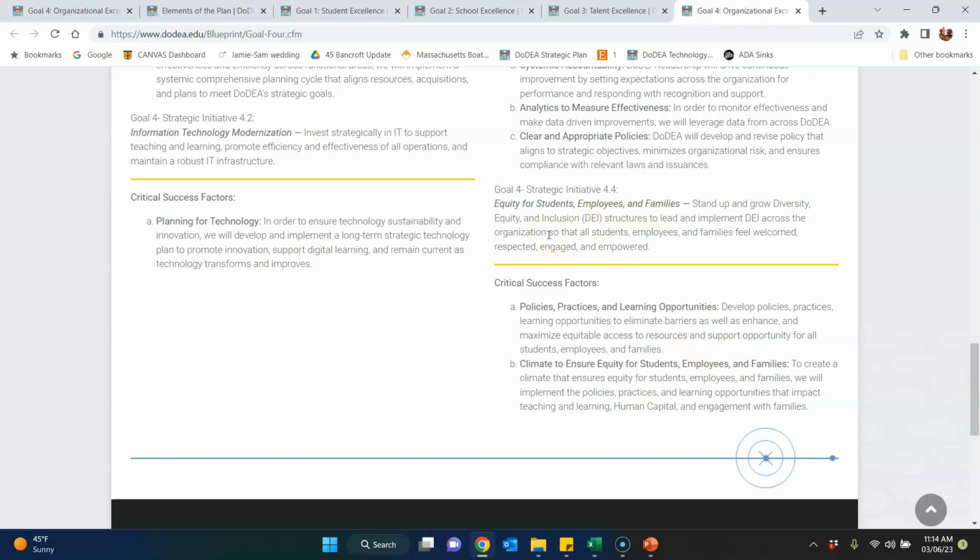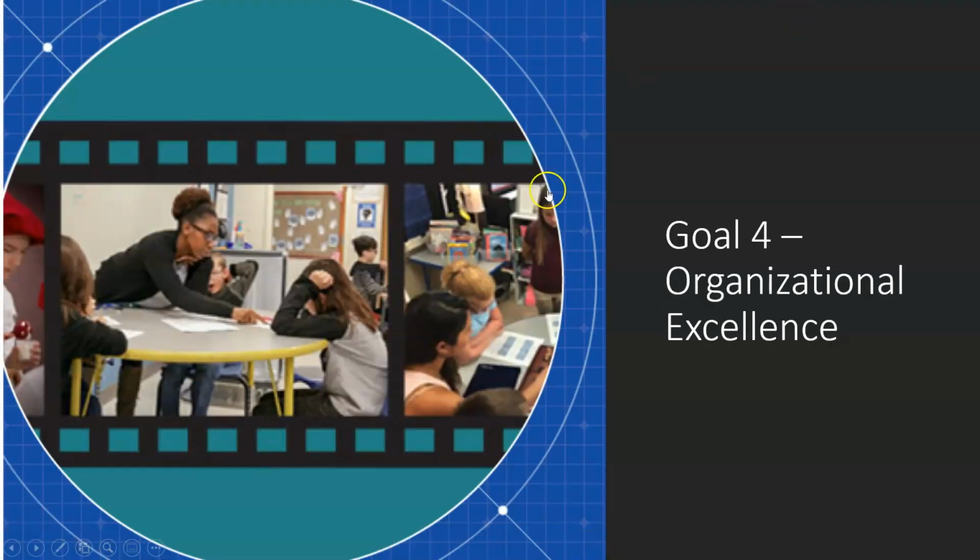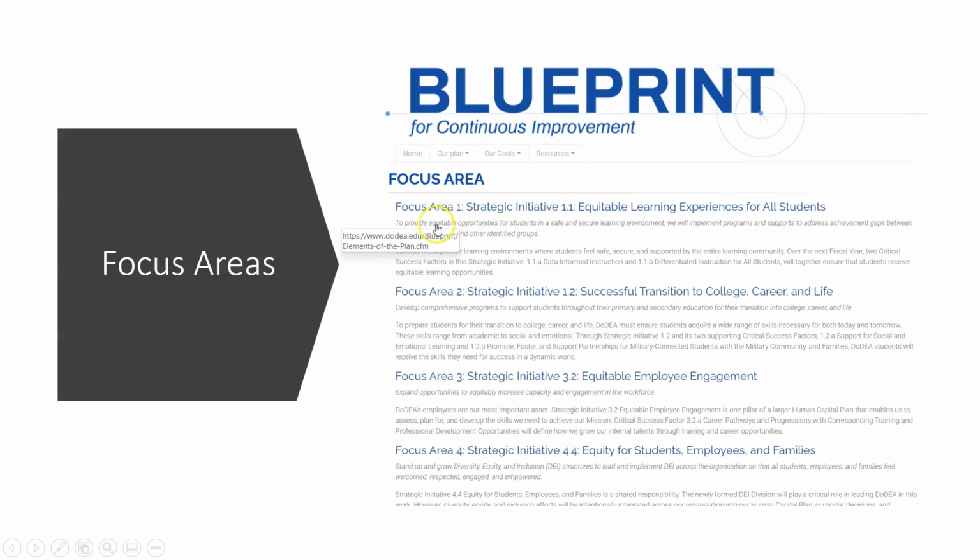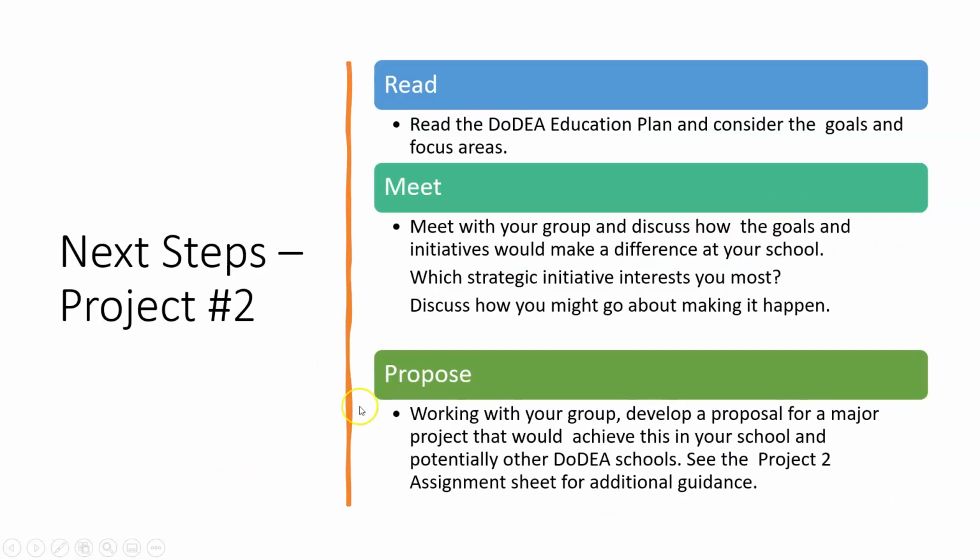And this is a recurring theme, the issue of equity. So you need policies, practices, and learning opportunities to support this, and a climate that ensures equity for all. So again, the focus areas are the 4 initiatives that we mentioned previously.